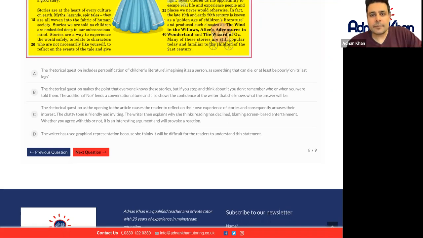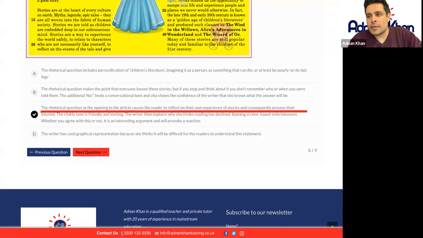If you look at C here, the rhetorical question as the opening of the article causes the reader to reflect on their own experiences of the stories and consequently arouses their interest. There's a chatty tone and it's friendly and it's very inviting.